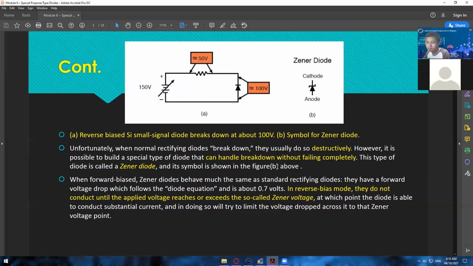Instead, it will work as in forward bias, but only once it reaches this rated voltage. In reverse bias mode, they do not conduct until the applied voltage reaches or exceeds the so-called Zener voltage. So are we clear so far with the definition or description of a Zener diode?